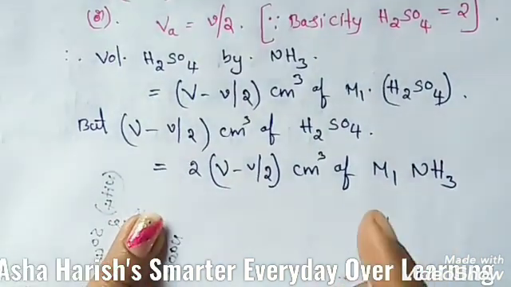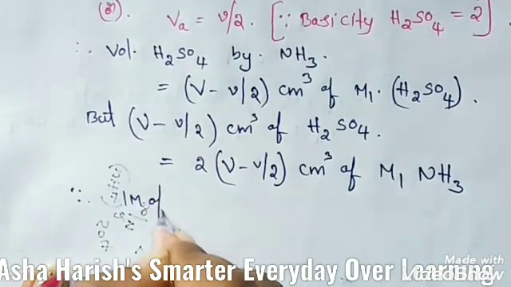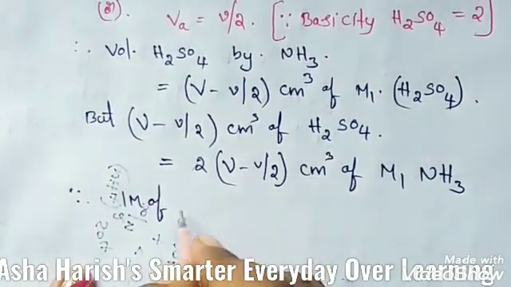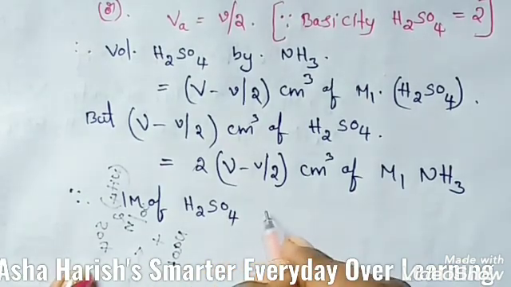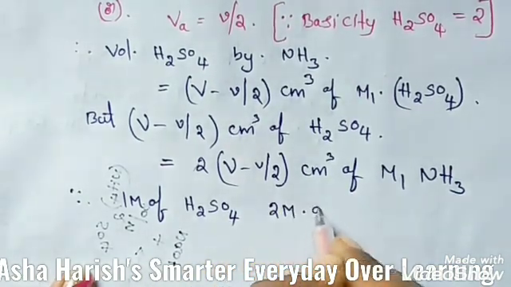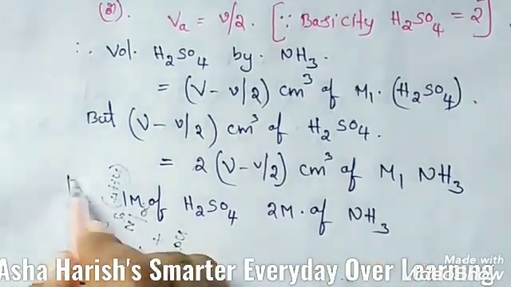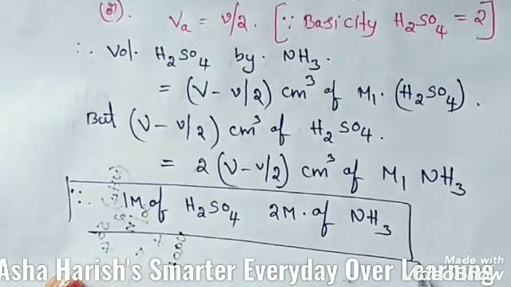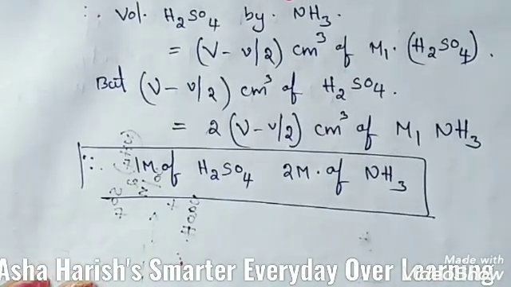Okay, why? Because 1 mole of H2SO4 neutralizes 2 moles of NH3. Here this you have to remember, 1 mole of H2SO4 neutralizes 2 moles of NH3.